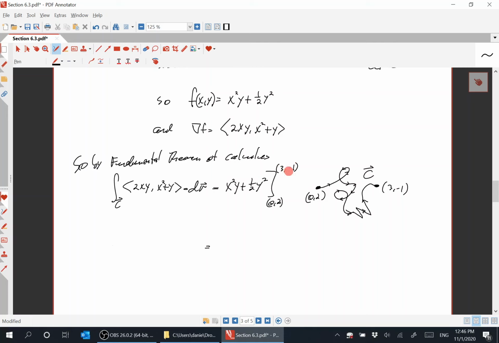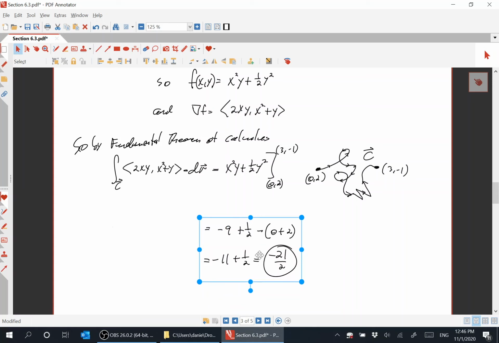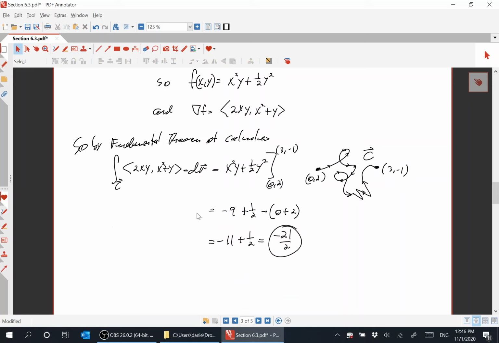So this is equal to 3 negative 1, so that's minus 9 plus 1/2, minus, then it's 0, 2, 0 plus 2. Right, so I have minus 11 plus 1/2, so that's 22, so it's minus 21 halves. Okay? Very simple. Just the fundamental theorem of calculus all over again.